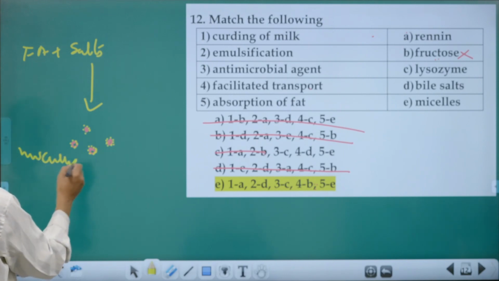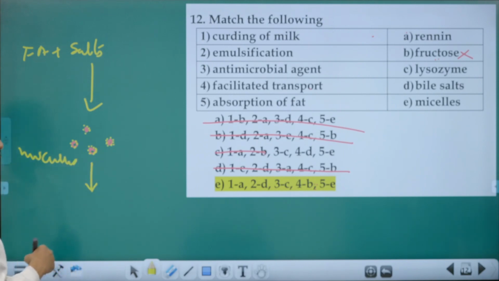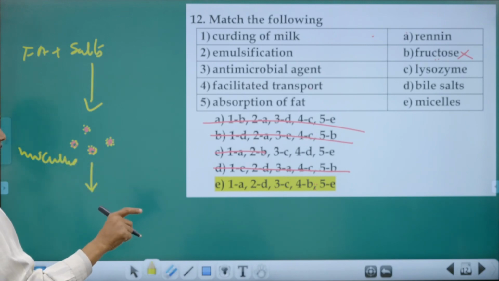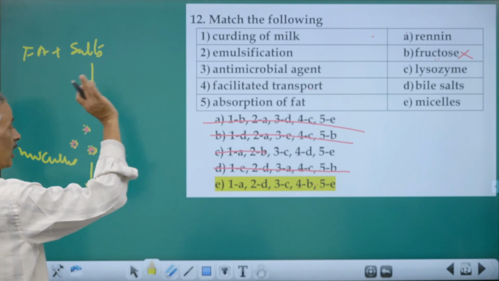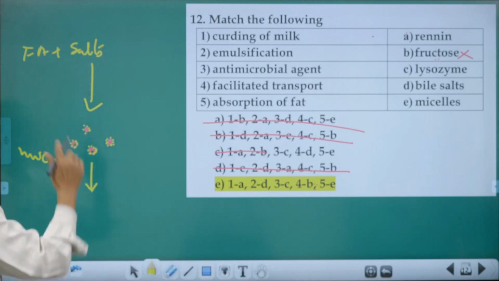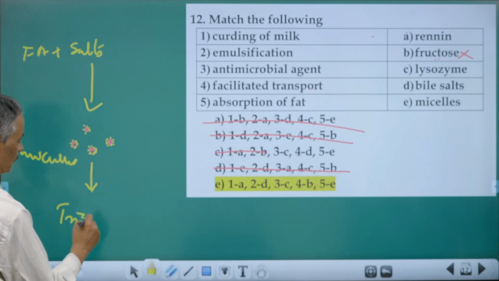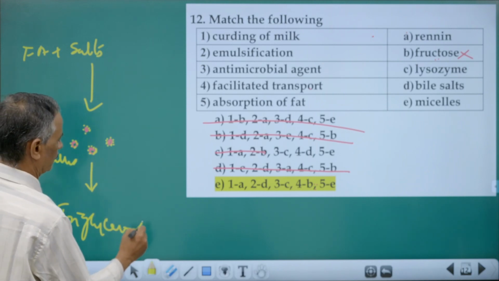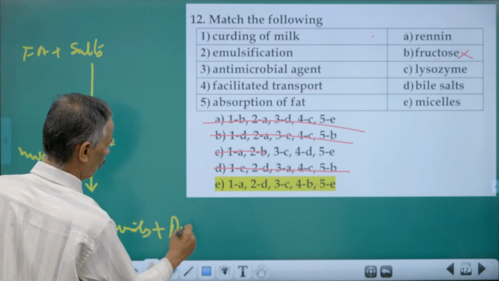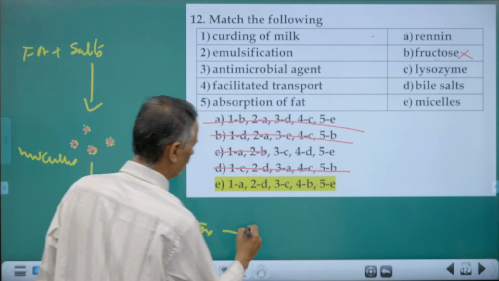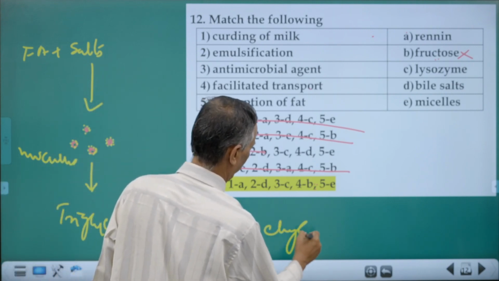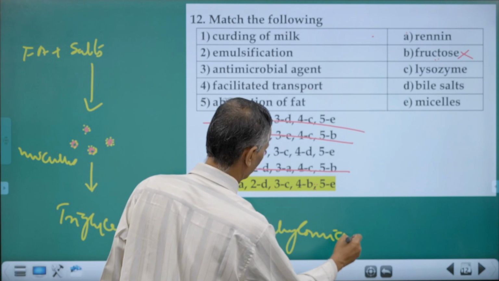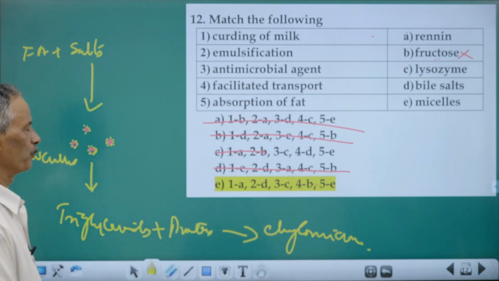In the form of micelles, they are absorbed into the epithelial cells and within the Golgi complex, enzymatically, the fatty acids are converted into triglycerides, large molecule triglycerides, with a protein coat. That is called a chylomicron. Chylomicrons are larger ones, almost 1 micron in size.